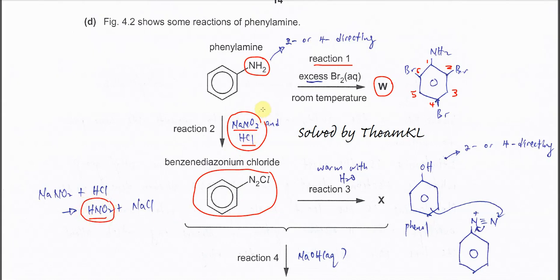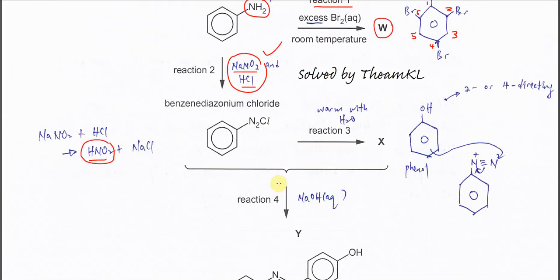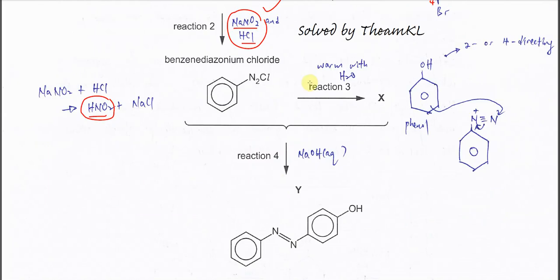It's actually better to put NaNO2 with HCl because HNO2 needs to form in situ, during the reaction. After that, when the benzene diazonium chloride is formed, if you react it with water, it will form compound X.